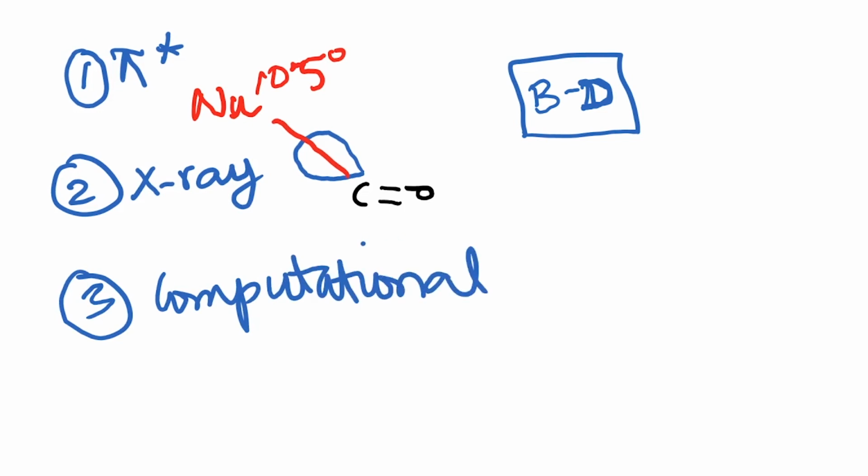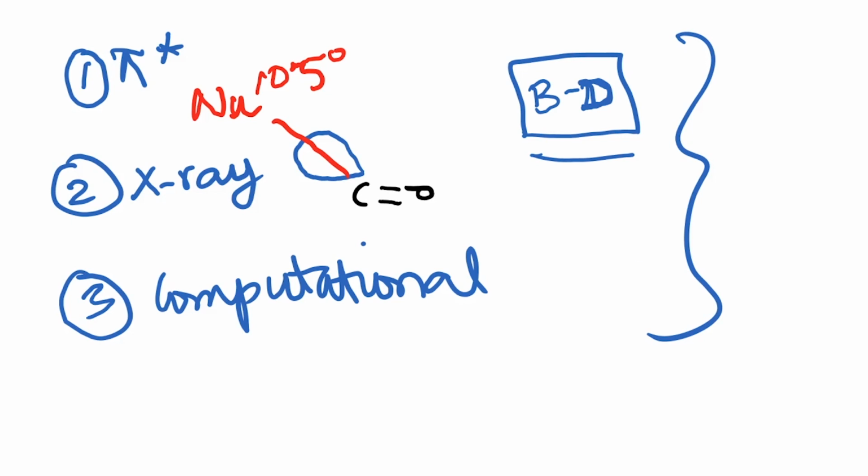Okay, so very frequently, especially in mechanistic organic chemistry, we use computation to support experimental data. Since the Burgi-Dunitz angle suggests that it's somewhere between 105, 106, 107 degrees, you can now develop a computational model that can help support this finding. Okay, so all these three put together suggest that the attack of the nucleophile does not occur at 90 degrees.